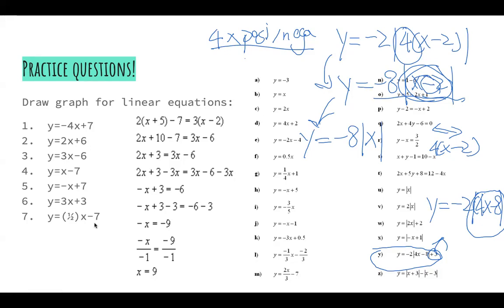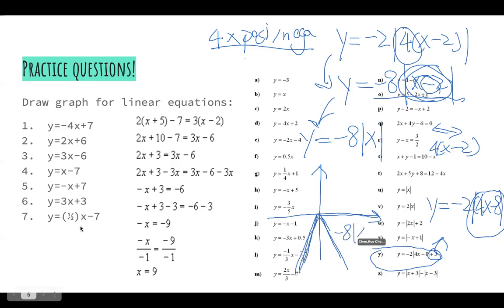So finally we can graph it. Like before, I will not explain the same thing twice, so I'll just graph it. Like this. This is how negative 8 absolute x looks like, and then we'll move it back.